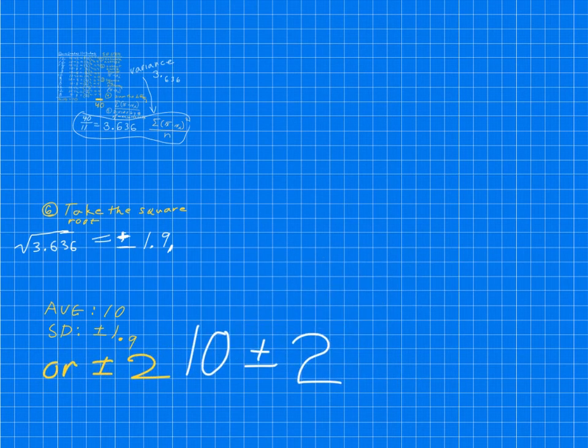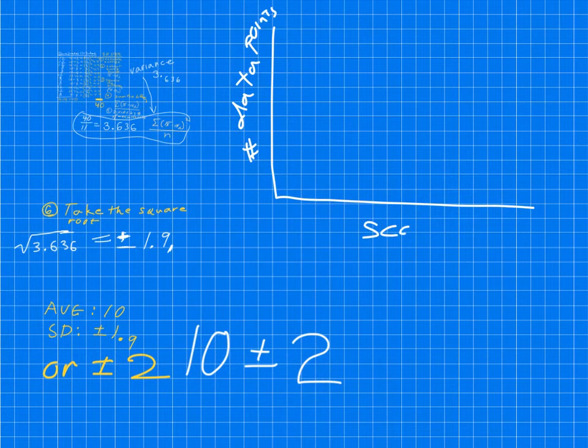When you graph a set of data, where you put number of data points on this axis, and you put student score on this axis, in a typically normally distributed set of data, most people are going to score close to the average.